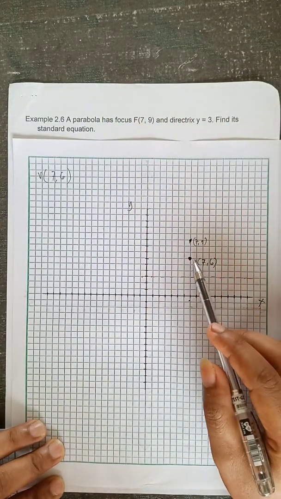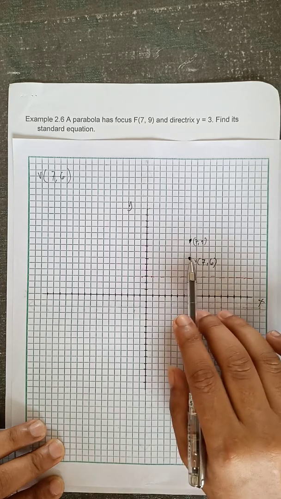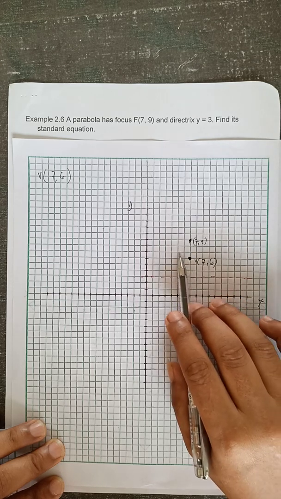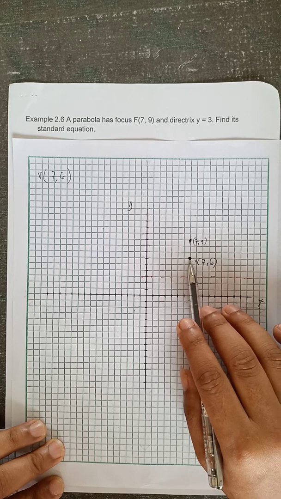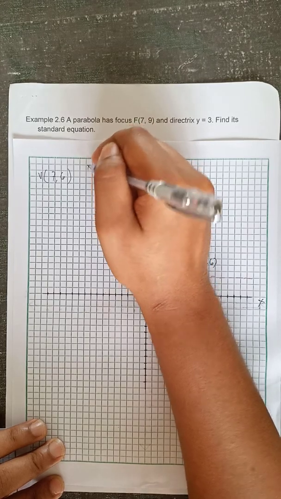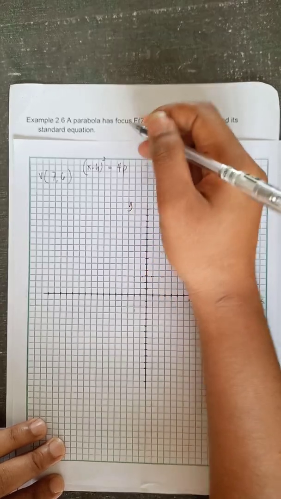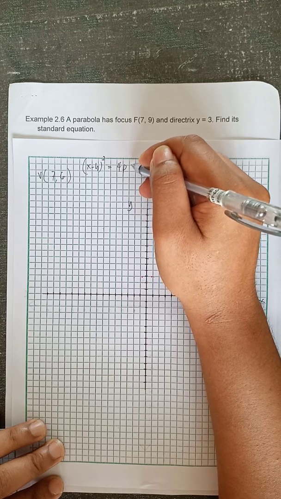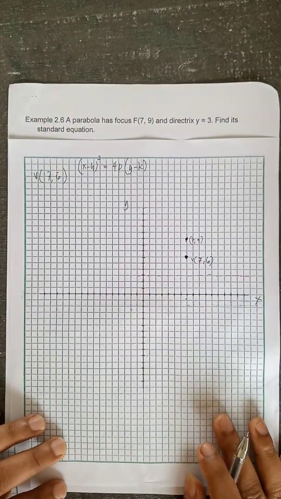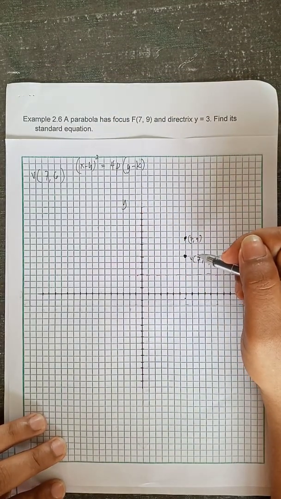We can say that it is opening upward, because the directrix is here and the focus must be inside the parabola, with our vertex somewhere here. So therefore the equation we will use is x minus h squared equals 4p times y minus k. We cannot get the standard form yet because we have not gotten p. What is our p?